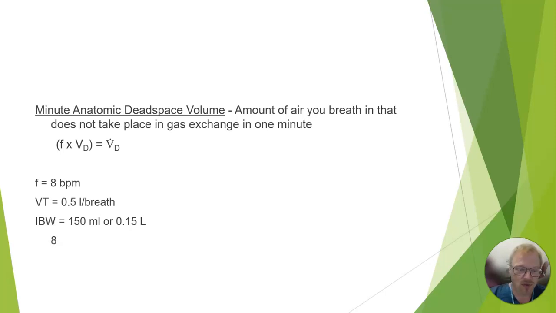So if I take my frequency times my dead space, I get 1.2 liters per minute. So of that 4 liters the patient is breathing each minute, 1.2 liters of that is not reaching the alveoli.